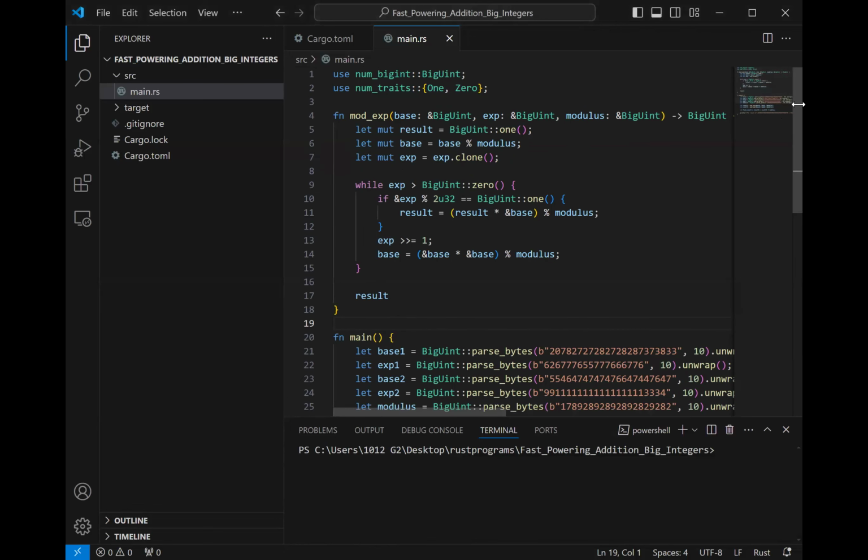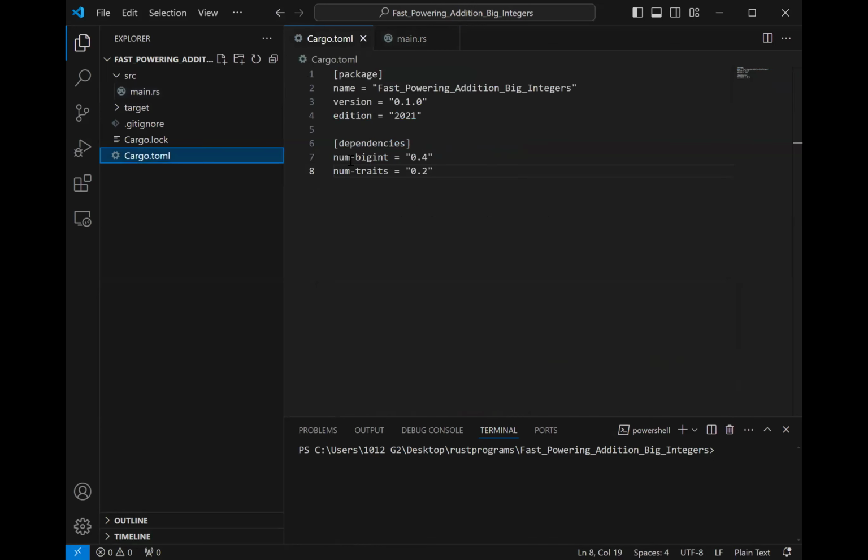The same code, the only difference is while there was U128, we're using BigUint, and of course, we import those libraries. Those are external libraries, we import them here. And let's look at the Cargo.toml and see what is there. Again, we have these dependencies that will help us to run those libraries.